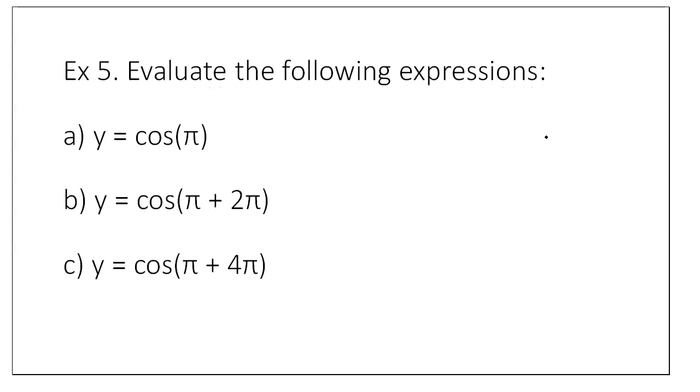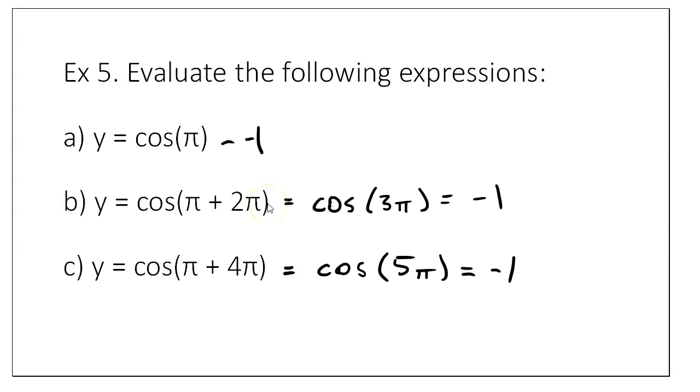So again, I just wanted to make an example out of that by giving you something you could see. And what I want you to do is pause the video again and try to evaluate all of these expressions. When you evaluate all of these expressions, you get -1 for the solution every time.